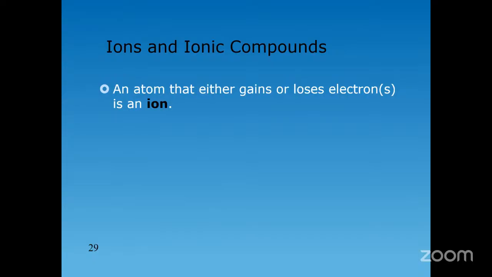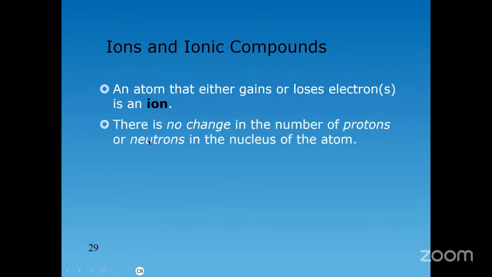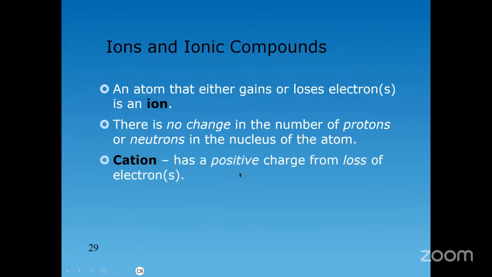These ions are formed as a result of an atom either gaining or losing electrons, right? And by the way, whether or not the atom gains or loses electrons, there's no change in the number of protons or neutrons in the atom. So basically it's the same element, but it will carry a charge as a result of gaining or losing an electron.